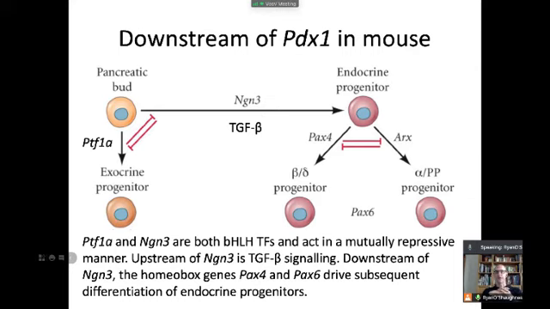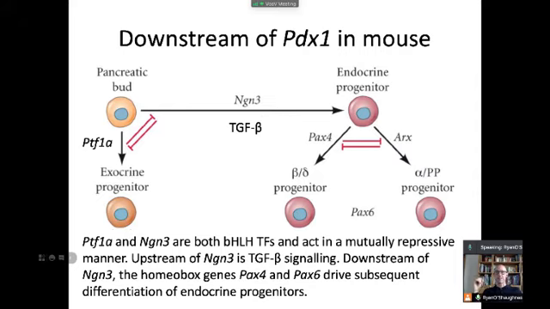So from our initial PDX1 expression, the pancreatic bud in the presence of the transcription factor PTF1A become what are called exocrine progenitors. However, with expression of PAX6, TGF beta signaling and NGN3, we get expression of endocrine progenitors.